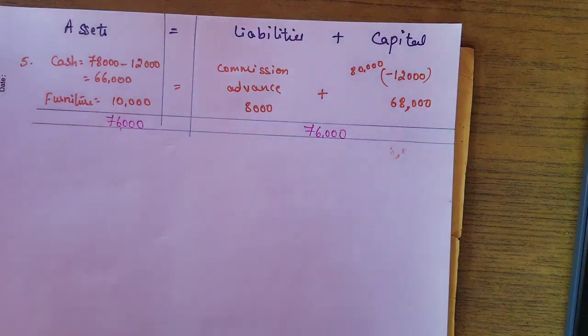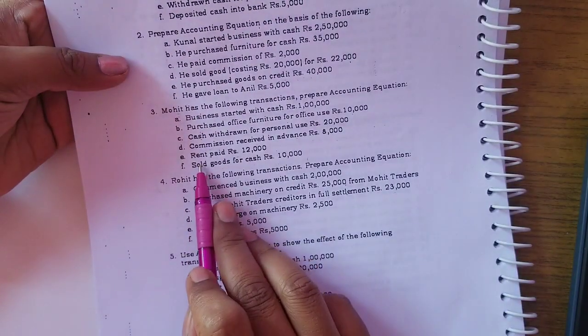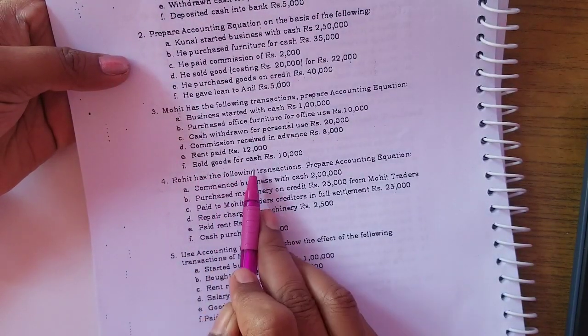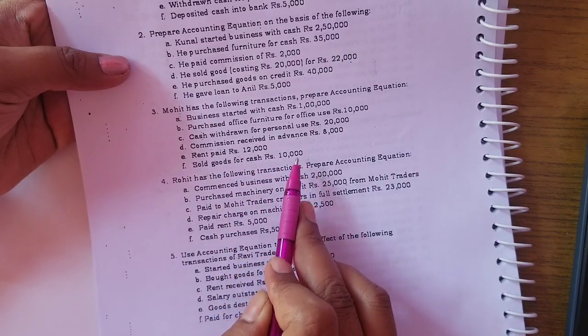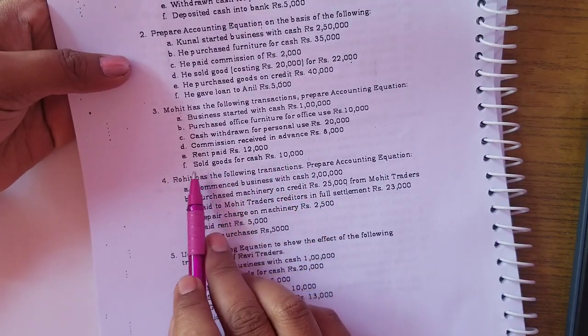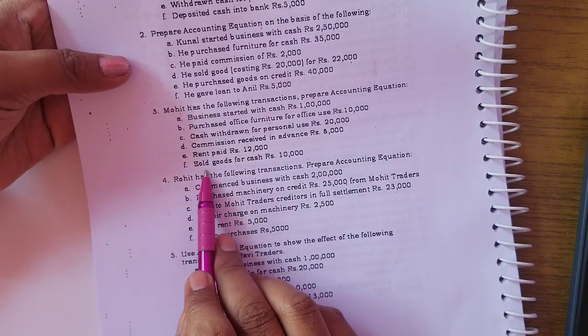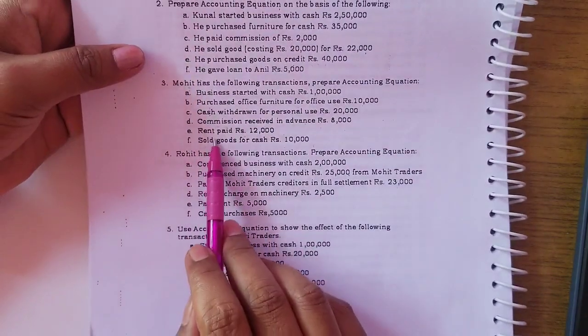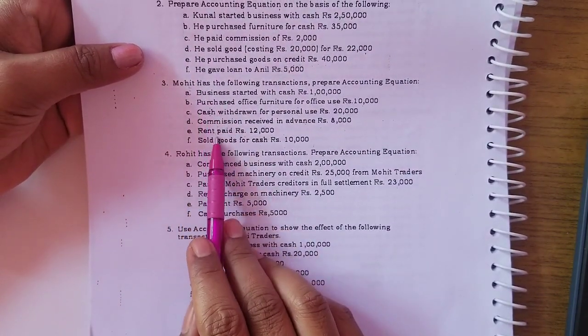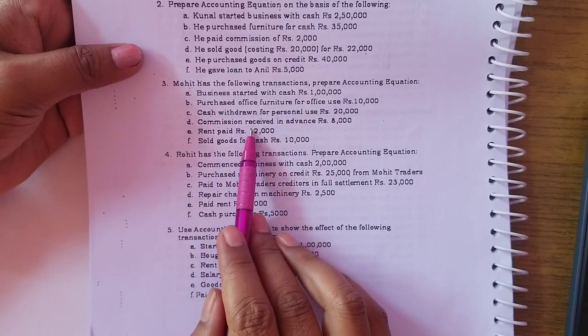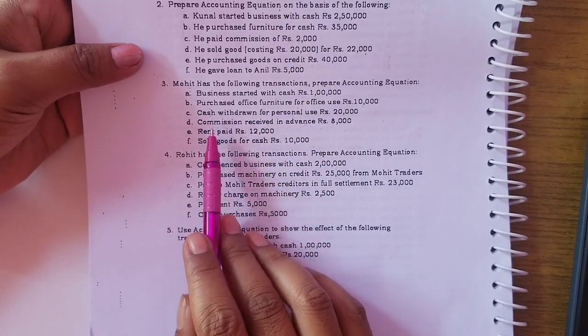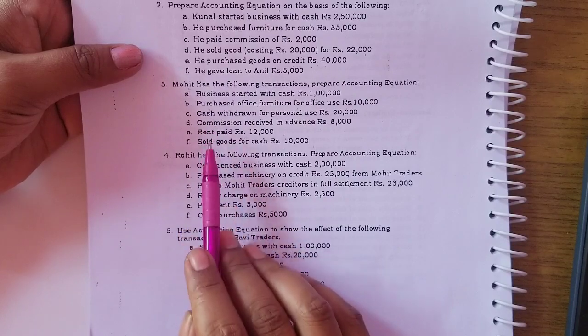Moving on to the next transaction, that is sold goods for cash rupees 10,000. In this particular transaction and in the above transactions, nowhere is it mentioned about goods or stock related transactions.